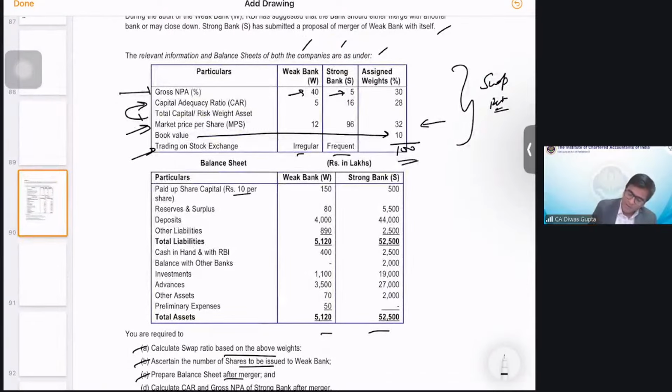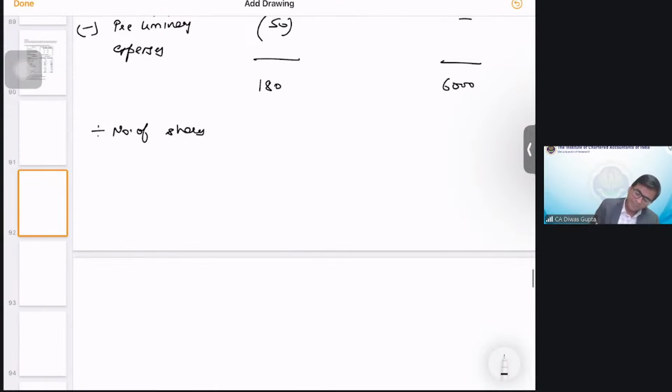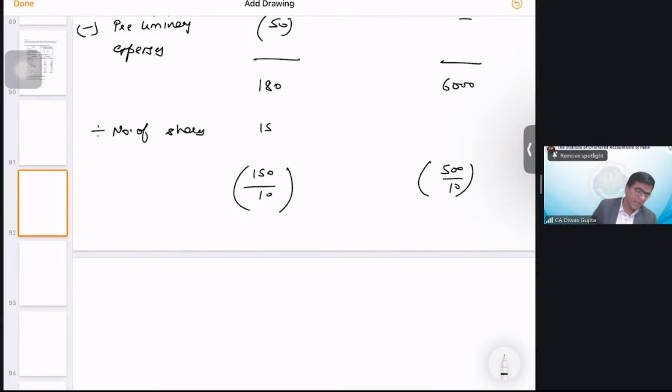We have been given that 10 per share is the paid up share capital. So that means 150 and 500, if we divide it by 10, we'll get the number of shares. 150 divided by 10 and 500 divided by 10. This is 15 and this is 50.